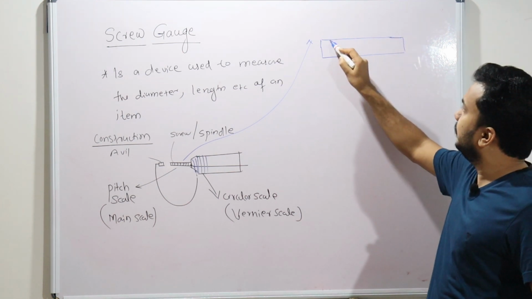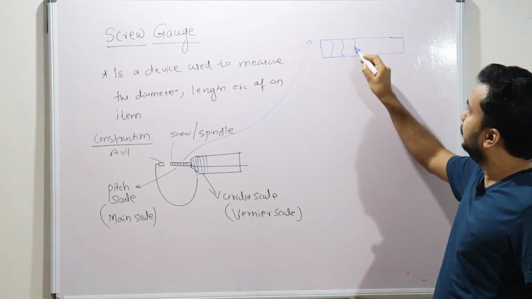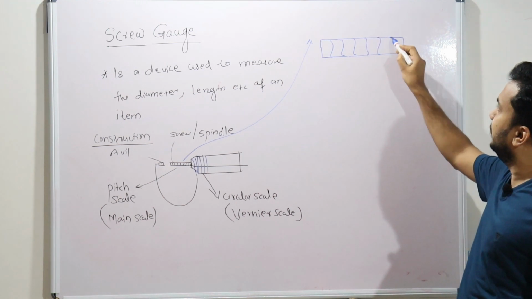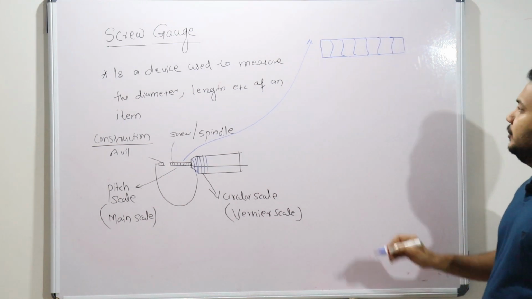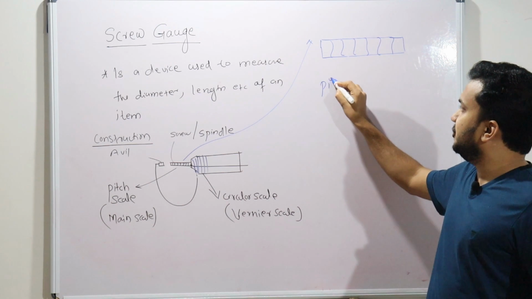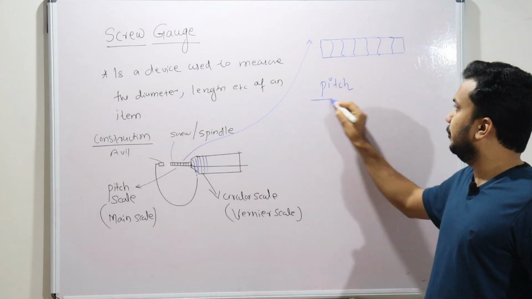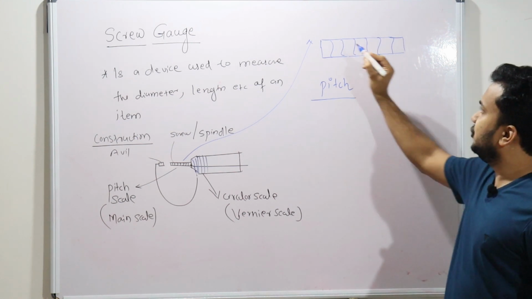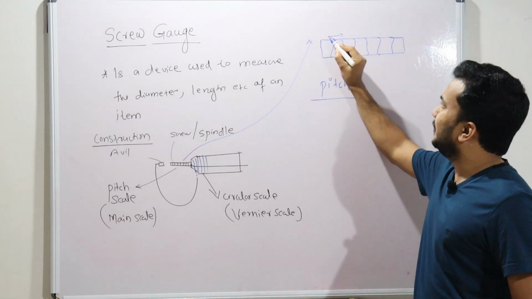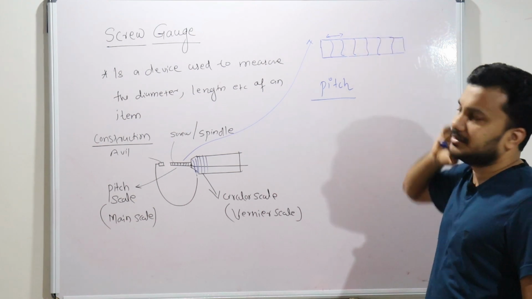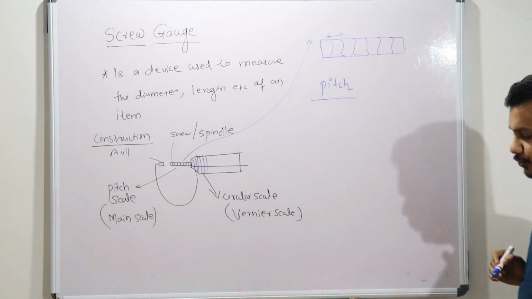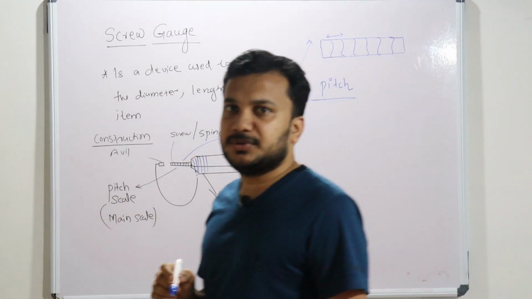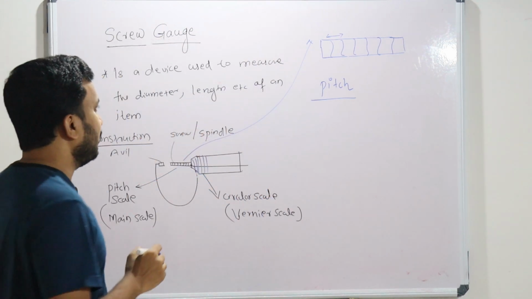As I told, this is like a screw. You can pause the video and write down the heading pitch in your notebook. What is called pitch? Pitch means the distance between two threads. This distance is called pitch.